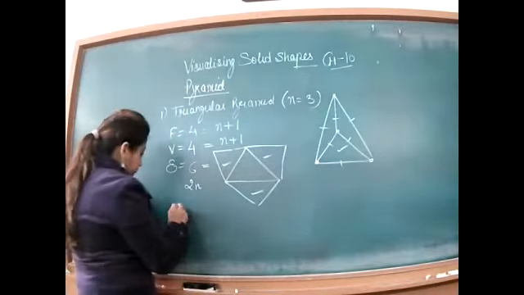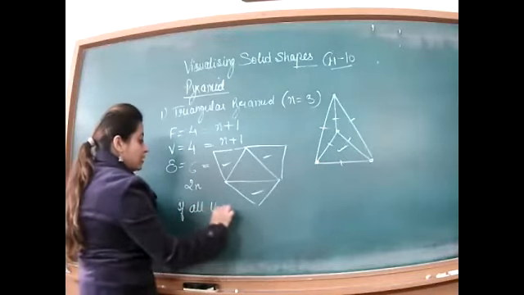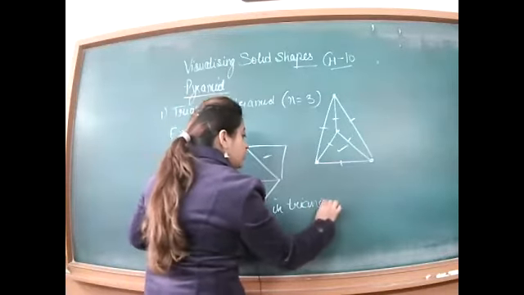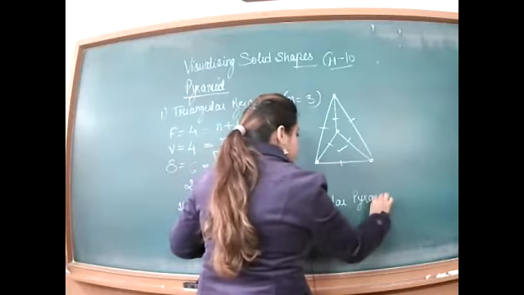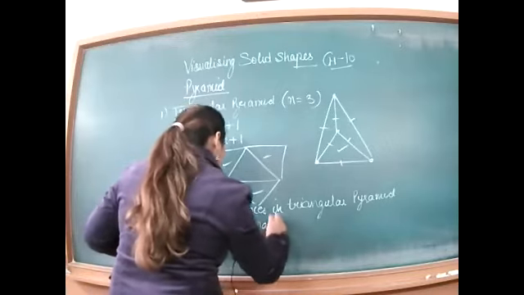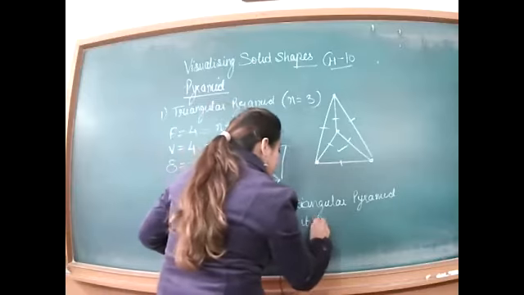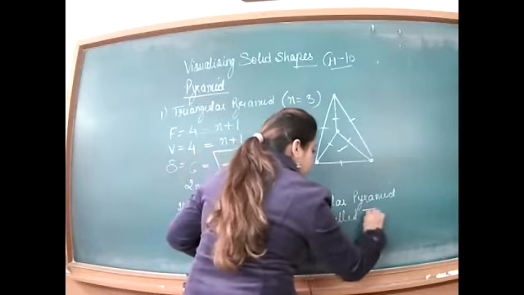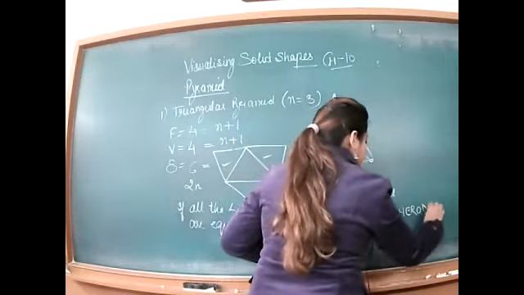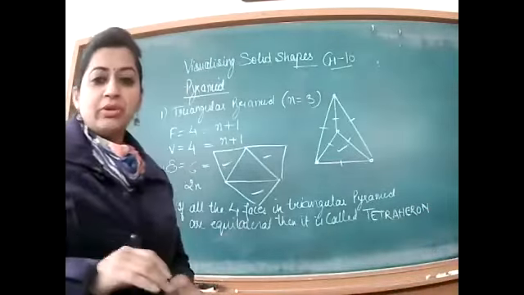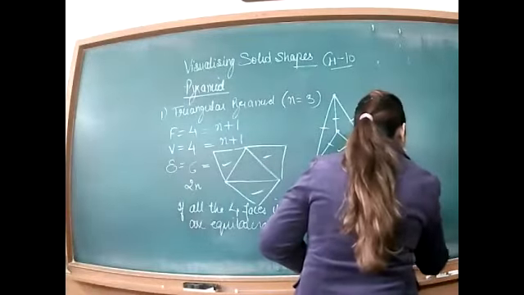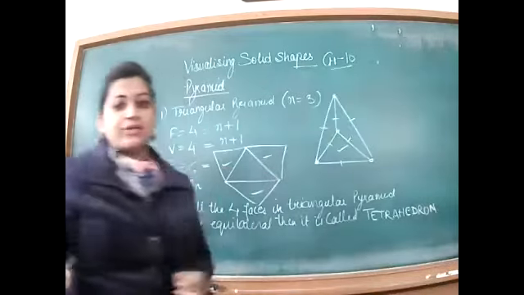So I'm adding one line: if all the 4 faces in a triangular pyramid are equilateral, then it is called tetrahedron. Okay, please note it down. Tetrahedron.